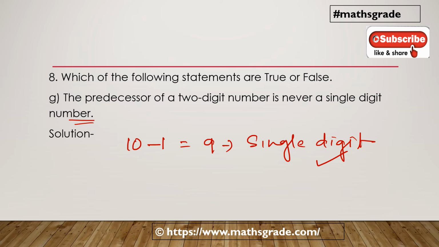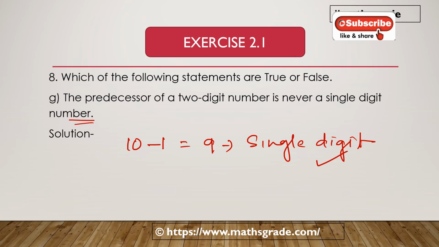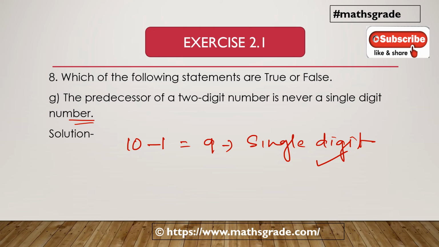So the predecessor of a 2-digit number, that is the predecessor of 10, is 9, which is a single digit number. Predecessor is the before number or the previous number, and the predecessor of a 2-digit number is never a single digit number. This is false.